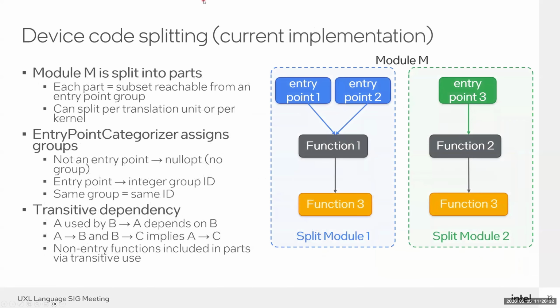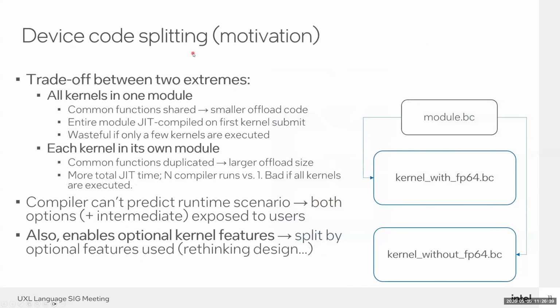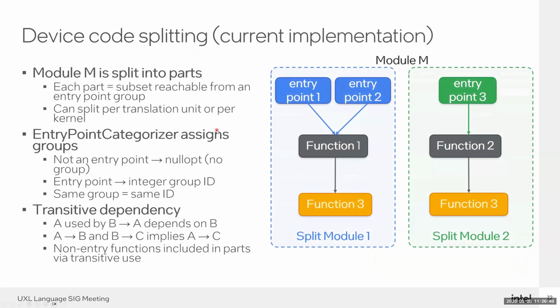So what was so far upstreamed? Here I described in general what device code splitting does and why it's useful, but not everything of it is actually in upstream yet. Currently, we can split module M into parts, and each part will be a subset reachable from an entry point group.